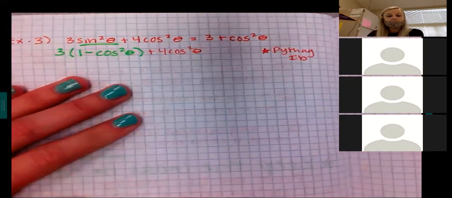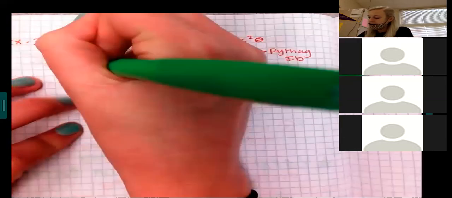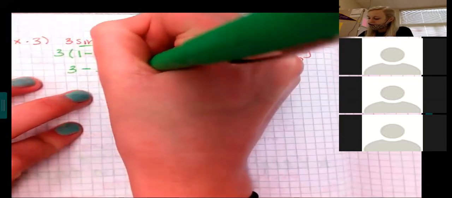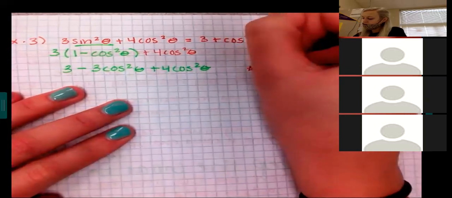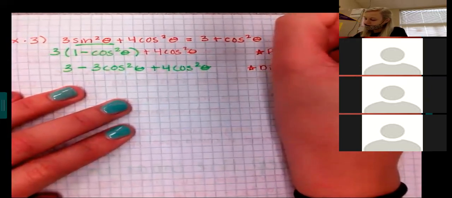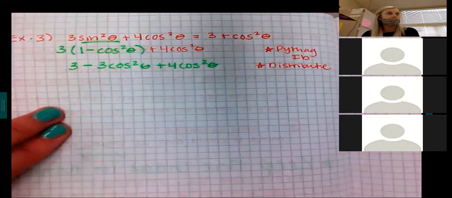From here, what can you do with the 3 now? Distribute. So that would be 3 minus 3 cosine squared theta plus 4 cosine squared theta. You can write that you distributed, you can write that you simplified, you can write that you multiplied. All of those would be acceptable for your justification. Now from here, can we simplify?